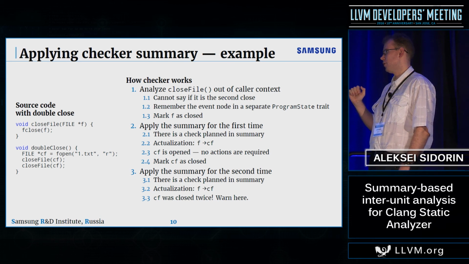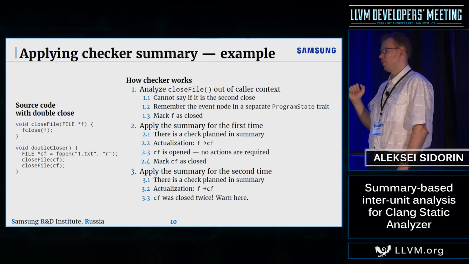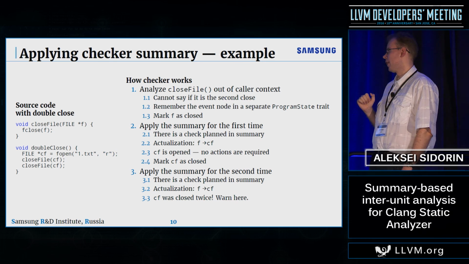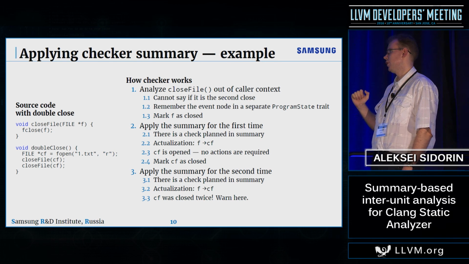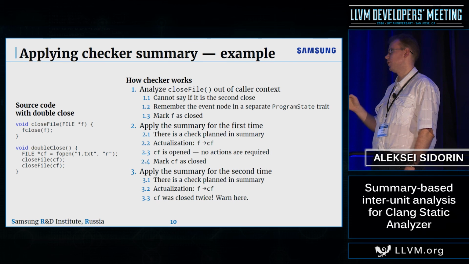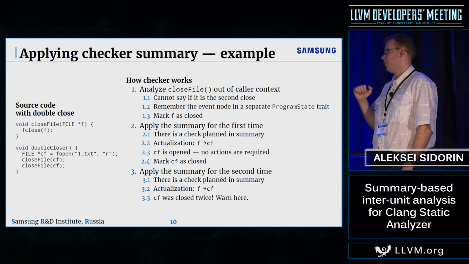Then we encounter the call to close file function. We haven't analyzed it before, so we don't have its summary. And so we stop the analysis of the double close function and start the analysis of the close file function out of context. We treat the call to fclose function.